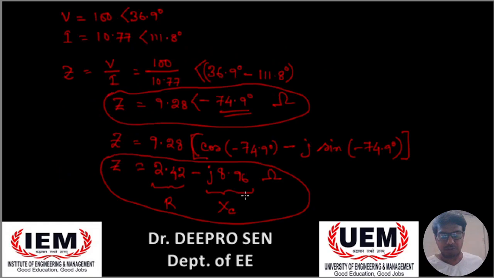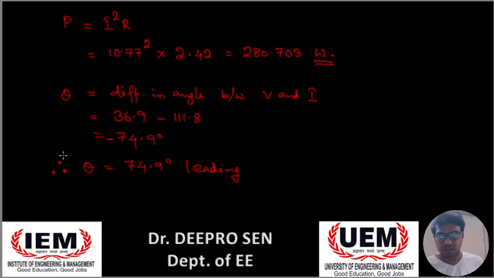So we have already established that the impedance consists of XC, that means capacitive load. When it's capacitive, we know that the current will be leading the voltage. So this is your final answer. The current will be leading the voltage by 74.9 degrees.